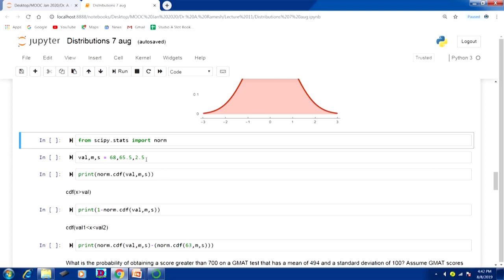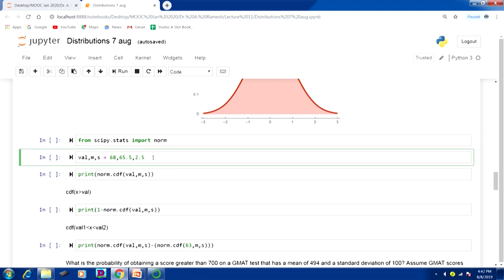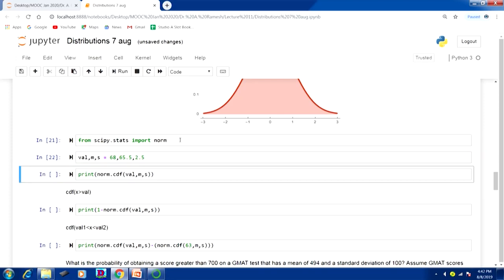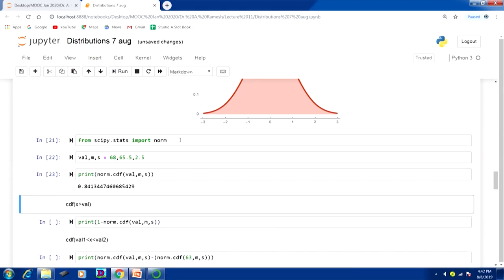Suppose x equal to 68, the mean of that normal distribution is 65.5, standard deviation is 2.5, what is the probability? So, we will run that. First we have to run this also. Yes, the probability is 0.8413.